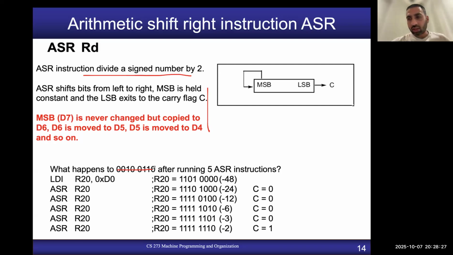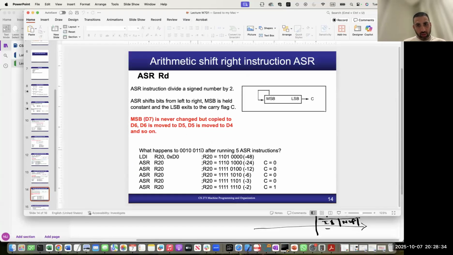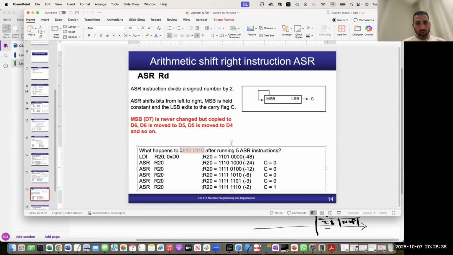Let me fix this right now, because otherwise when I load the slides, you will be wondering what's happening here. So we should have here the same bit pattern, which is equal to 0xD0, right? So it should be 1 1 0 1 0 0 0 0, right?